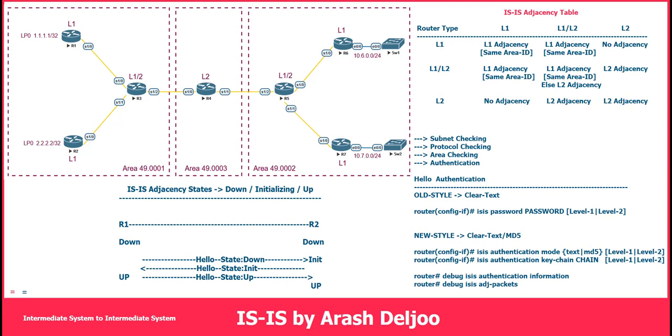When a router doesn't receive any hello message from its previous neighbor within the specified hold time interval, this means that the neighbor is now in the down state, or dead. Because of that, the neighborship should be torn down. This is the same process between IS-IS and other protocols.